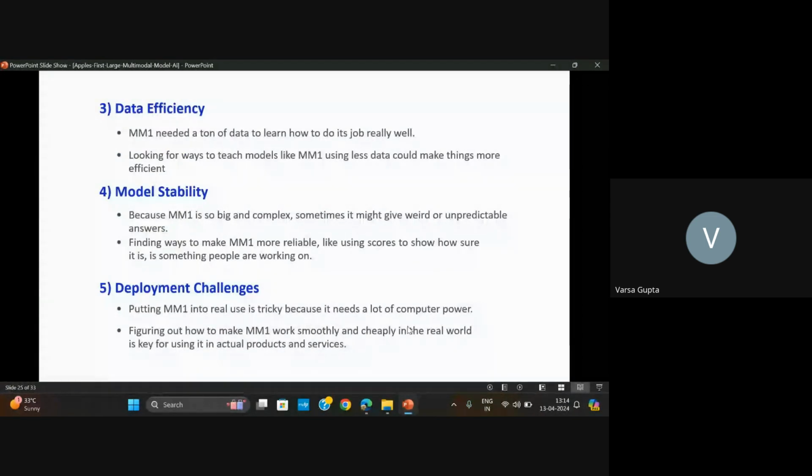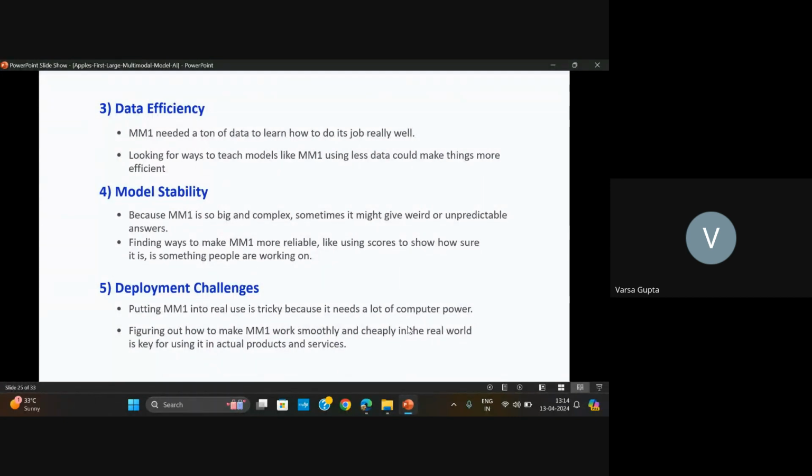Data efficiency: a ton of data was used to train the model, but still the 30 billion parameter is insufficient in comparison to training a large language model. We see that LLaVA-NeXT was pretrained using 514 billion parameters, though in some scenarios it lags behind.